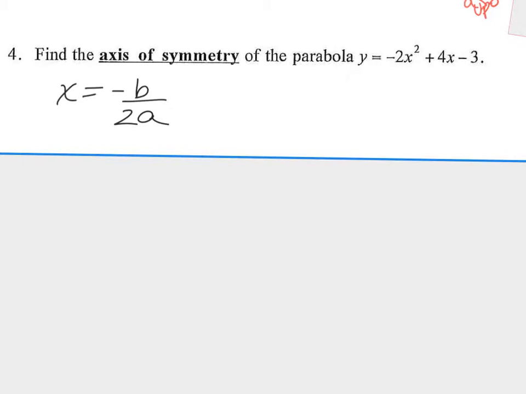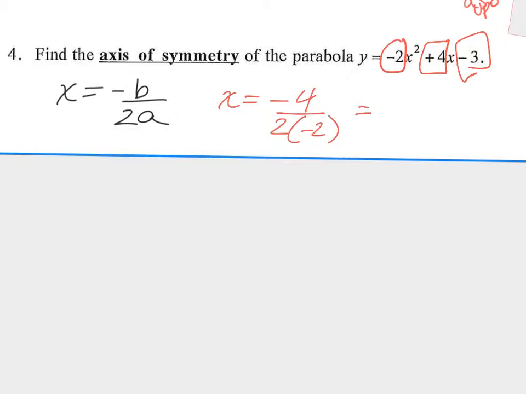Here, a is -2, b is 4, c is -3. I only need a and b, so x equals opposite of b, which is 4, over 2 times a, which is -2. This is going to give me -4 over -4, which is equal to +1.